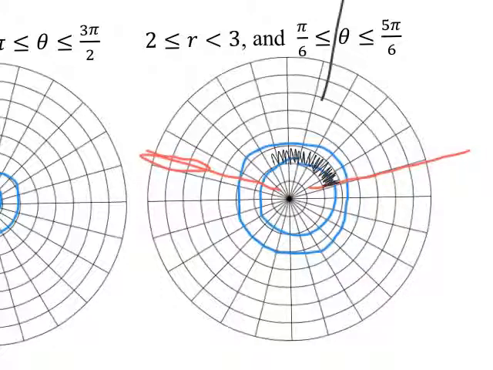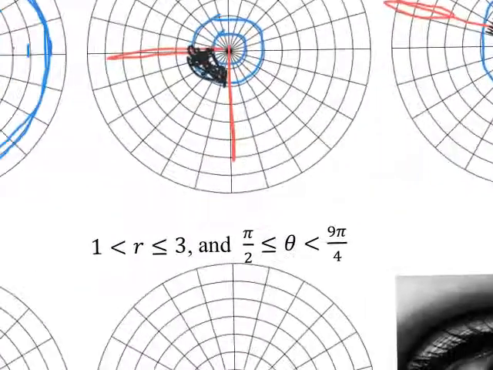And technically, if I'm trying to be perfect here, I should have a solid line at the radius of 2 and a dashed line at 3. But we're overlooking that fact because I can't draw well with a stylus. Okay, going to the next one.